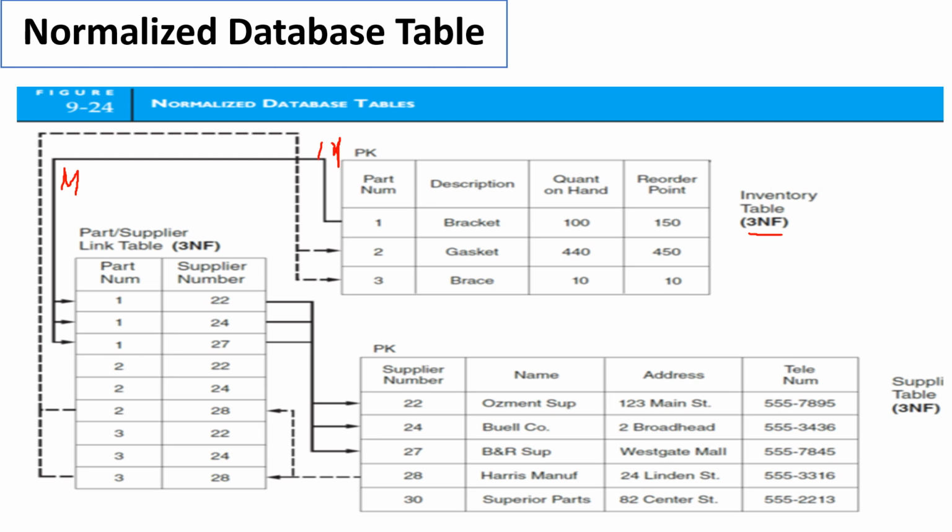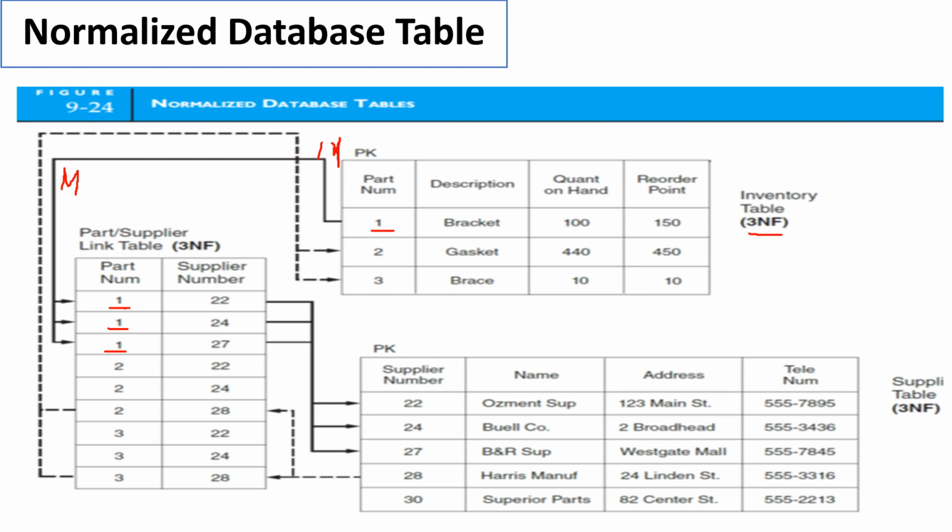You see, for one part, for one primary key, it can be represented through three items, three suppliers. It means that the part supplier link table will represent many to many.